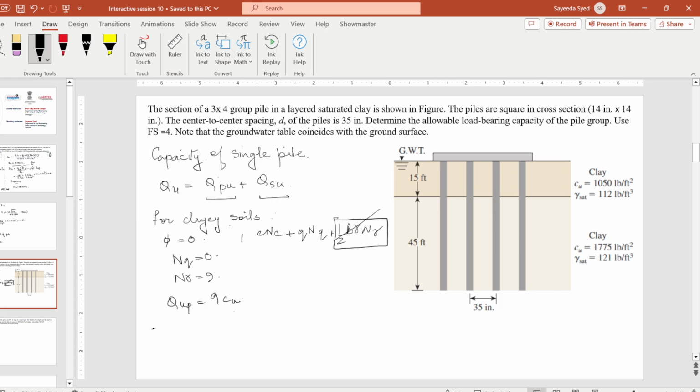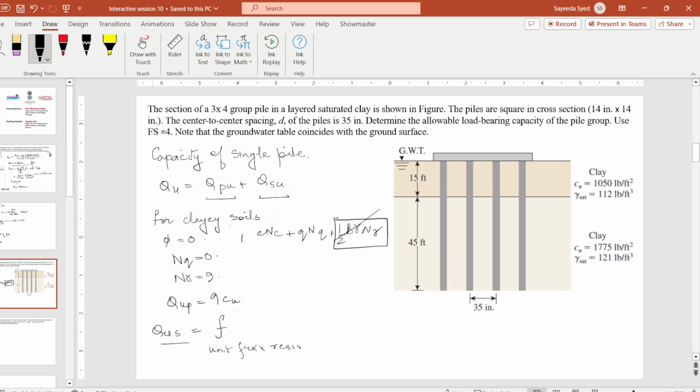and then we take Qus. So there are a number of methods that can be used to calculate this. If you remember, in last class we discussed that it will be the unit friction resistance multiplied by the perimeter multiplied by the length.